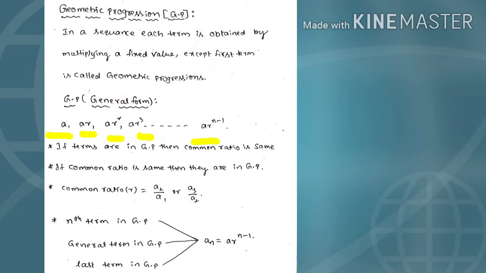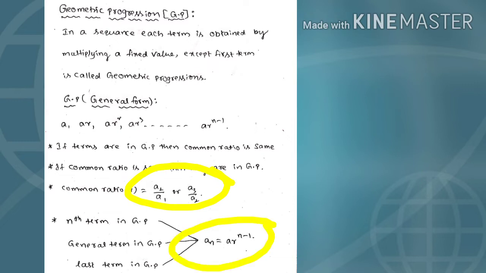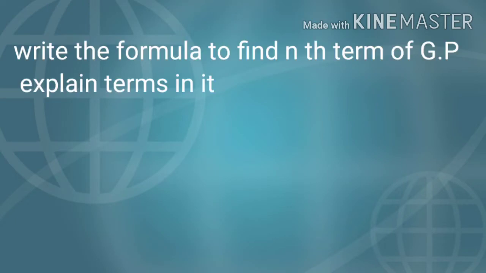If the terms are in GP, then their common ratio is the same, and its converse: if the common ratio is the same, then the terms are in GP. Formula for the common ratio: r is equal to a2 by a1. Now the nth term of GP, an is equal to a r power (n minus 1).